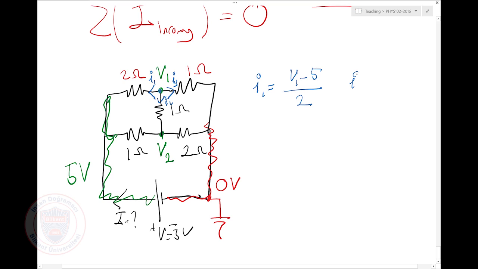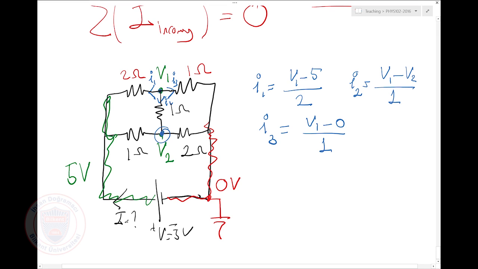How about I2? One end is at V1, the other end is at V2. No, it's not at 0, it's V2. Divided by 1, that's the resistance. How about I3? Now, one end is at V1, the other end is at 0, and it's over 1.